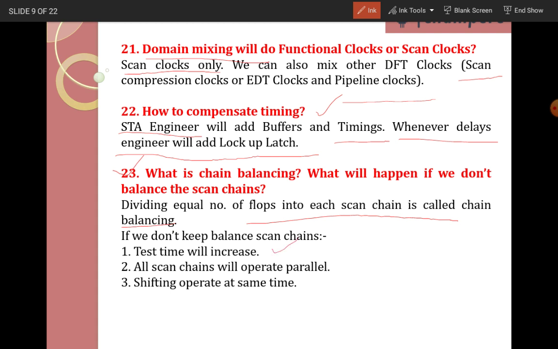Test time will increase, and all scan chains operate in parallel with shifting at the same time. Due to this, if they are not balanced, our chip will heat up and sometimes it may even burn, so it will get damaged. Due to these reasons we balance the scan chains.